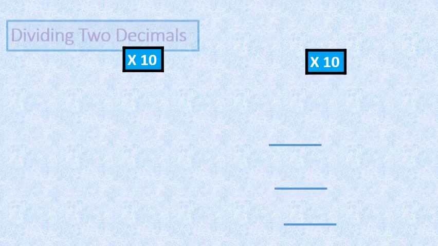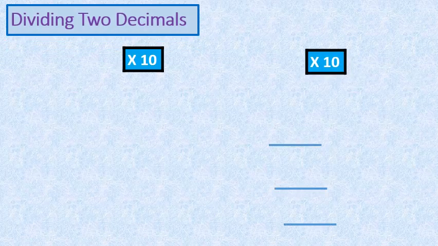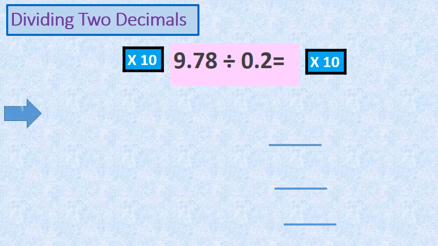Now let's begin. To divide 2 decimals, the first thing that I have to do is look at the divisor and make it a whole number. So here is the divisor. I cannot divide by 0.2, so I have to move the decimal point. How many places? 1 place means I have to multiply by 10.